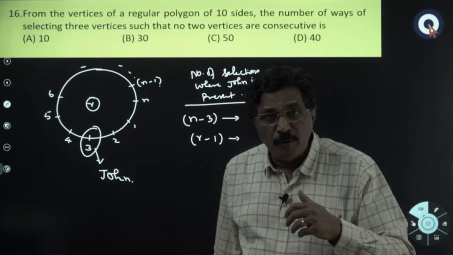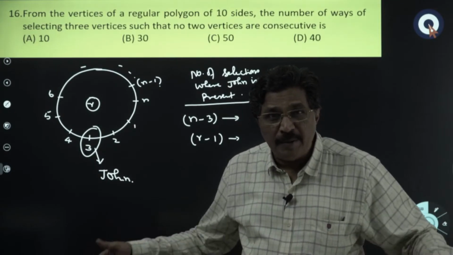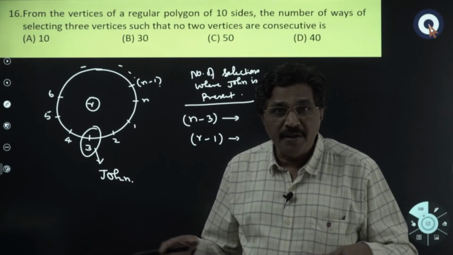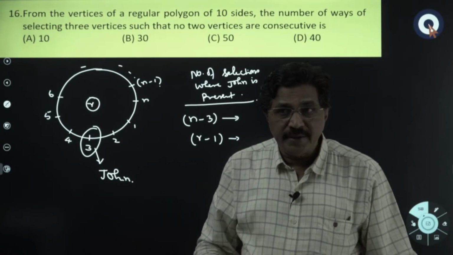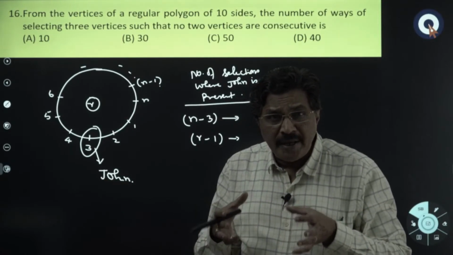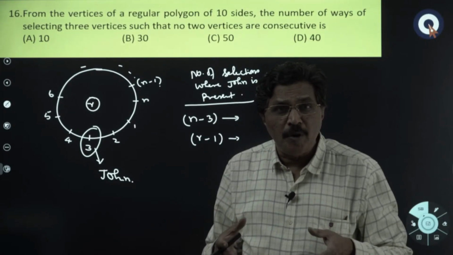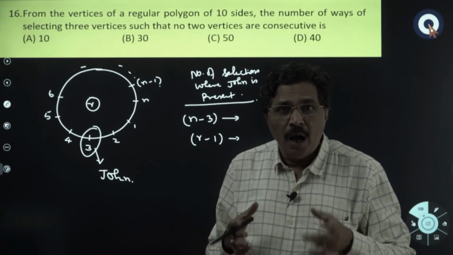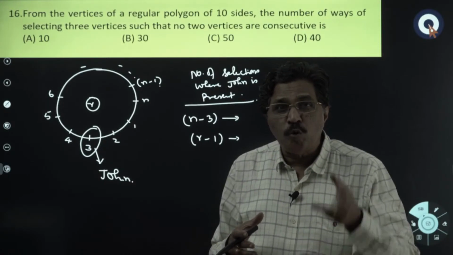If John has to be present, obviously because no 2 of the selected people should be consecutive, his neighbors cannot be taken. So John and his neighbors, you just pull them out of the circle. Keep John here, the 2 neighbors, you send them out. Now when you remove 3 people, the ring is broken. It's no longer circular. The remaining n minus 3 people are now placed as though linearly, of whom we have to select any r minus 1 because John is already here, such that no 2 of them are consecutive.